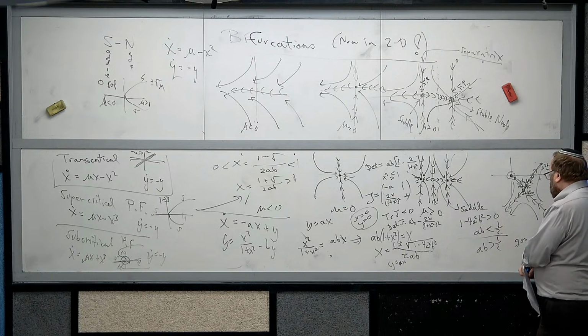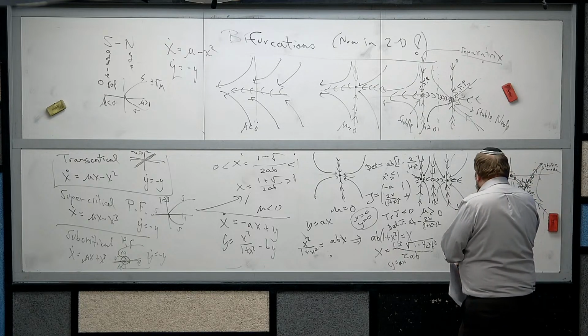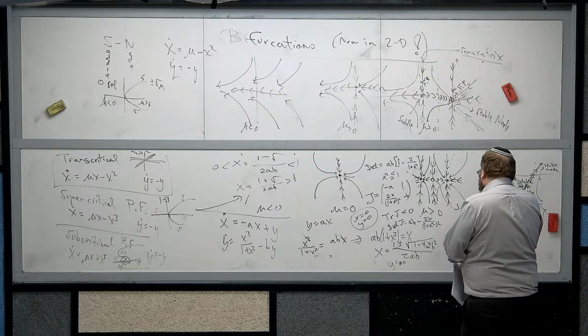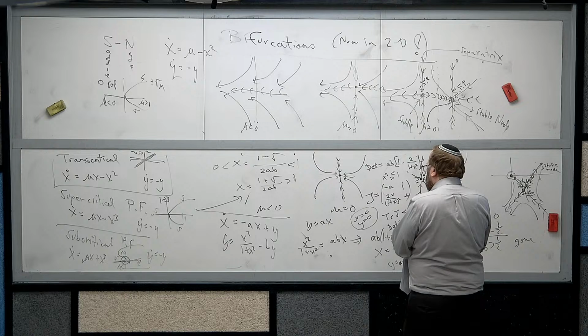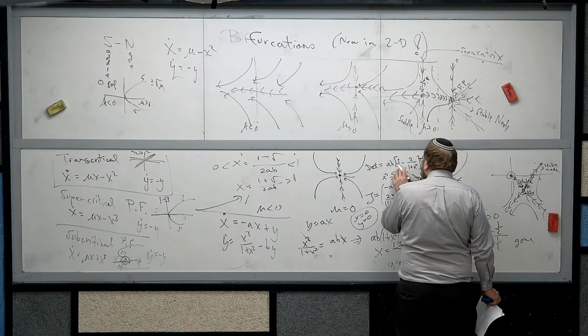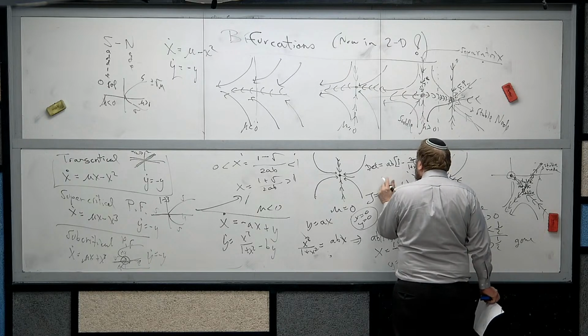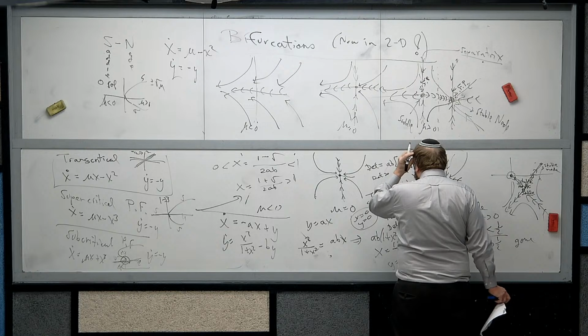What is wrong with the picture? I guess, let's see, the determinant, when x is bigger than 1, then the determinant is positive. Yeah, and so that's stable.